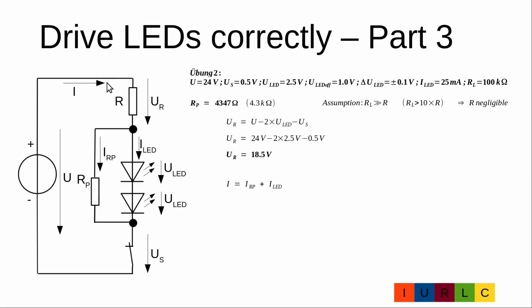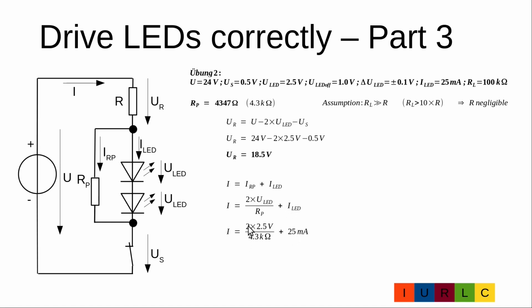The current I through the resistor R is the current IRP through the resistor RP plus the current ILED through the LEDs. The current IRP is 2 times ULED divided by the resistance RP. So we get I is 2 times ULED divided by RP plus ILED.